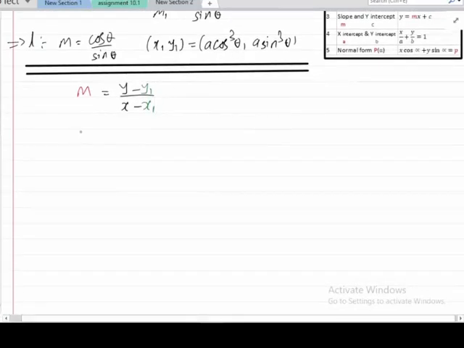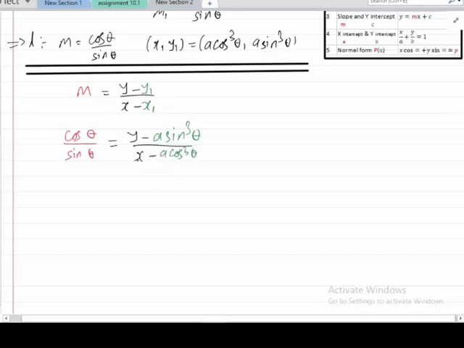Okay, no problem. Let's put the value of m, which is cos theta upon sine theta, and y minus y1, which is a sine cube theta upon x minus x1, a cos cube theta. To get our final answer, we have to simplify it.